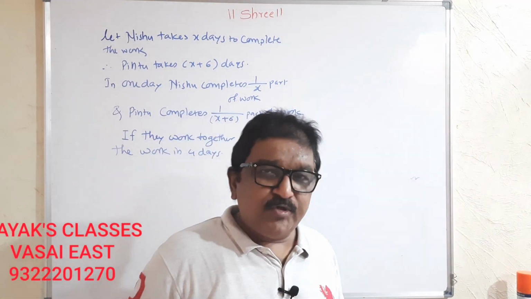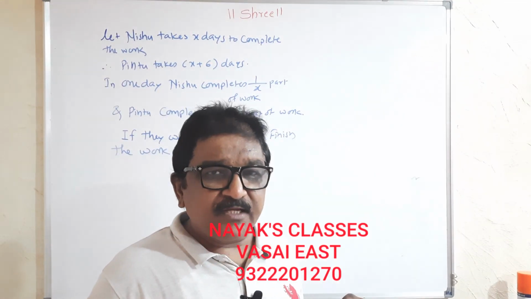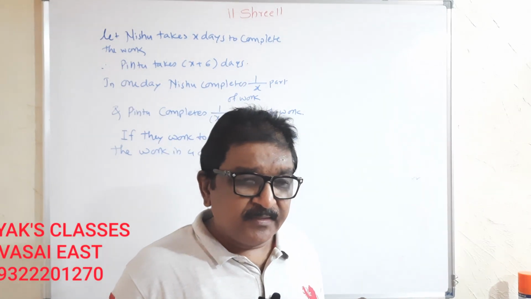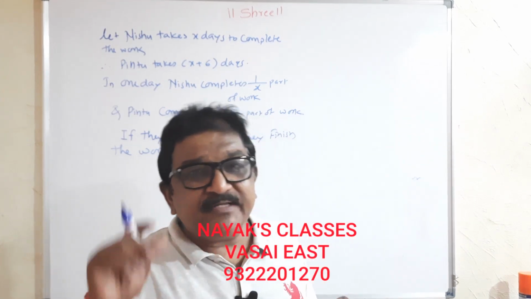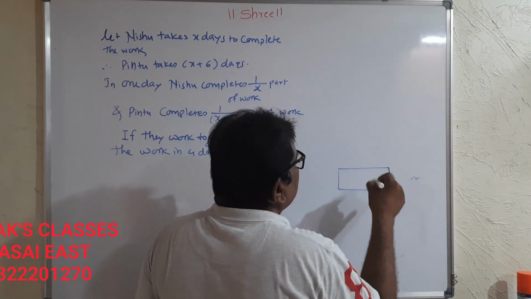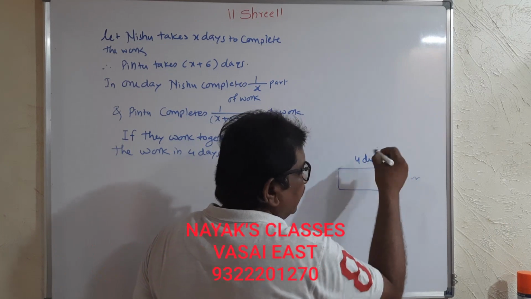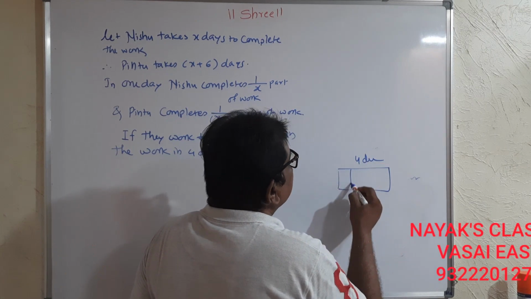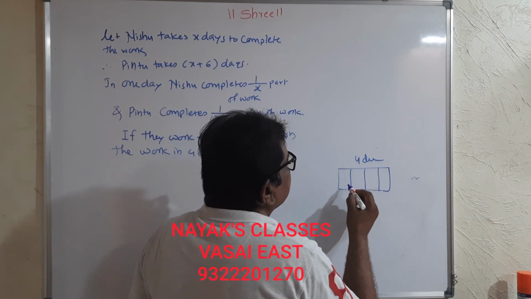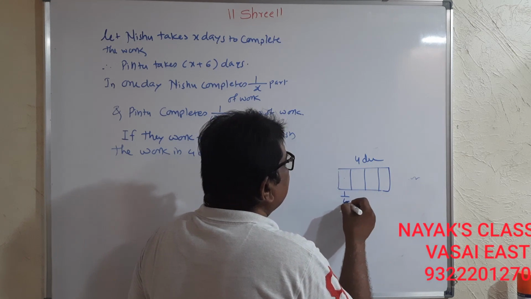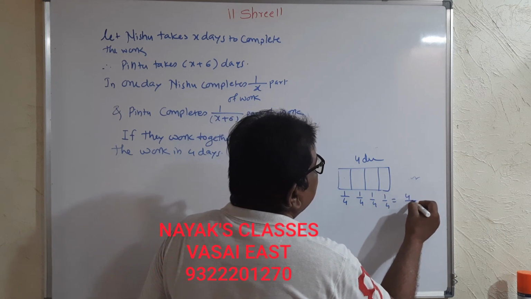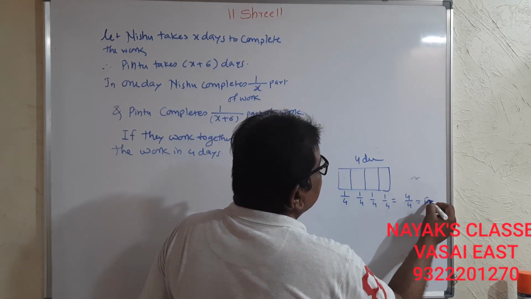Pintu is slower, Nishu is faster, but they work together and they finish that work in just 4 days. In 4 days, the work is going to complete. So there are 4 parts of that work: 1, 2, 3, 4. So in one day, they will complete 1 by 4, 1 by 4, 1 by 4, 1 by 4, and the total will be 4 by 4, full work finished.